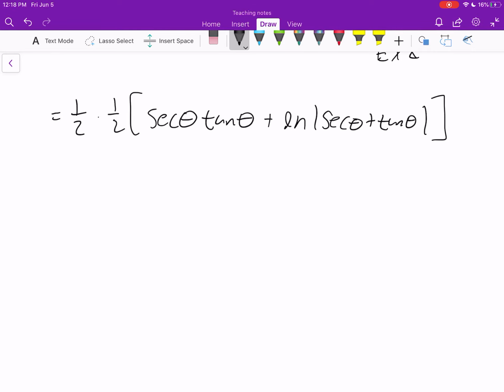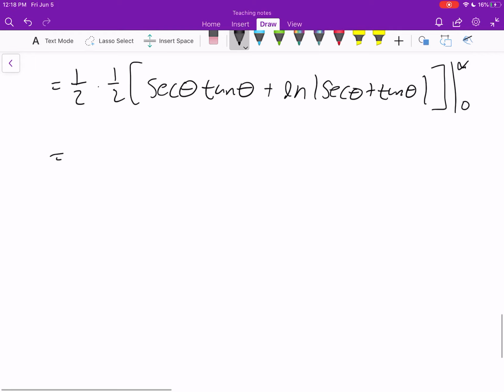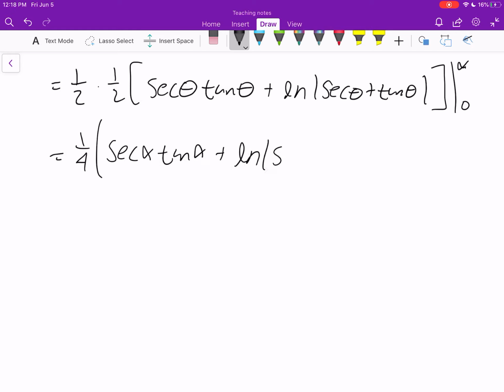But now I'm going to evaluate this from 0 to alpha. When I do that, I'm going to get 1/4 secant alpha tangent alpha plus the natural log of secant alpha plus tan alpha, minus what I get when I plug in 0.